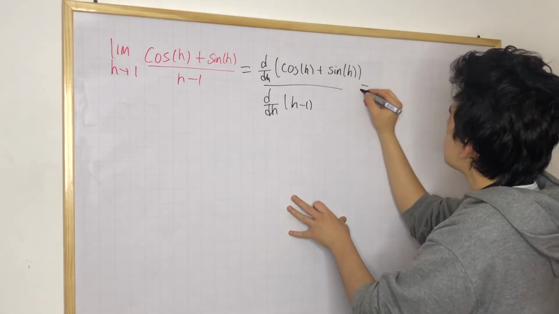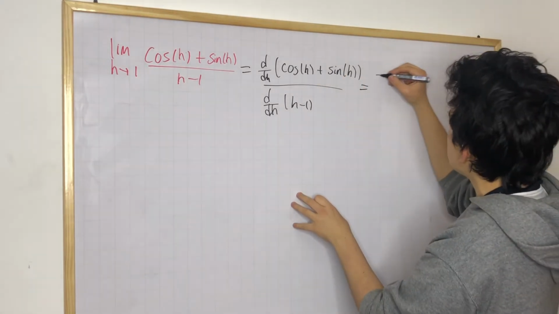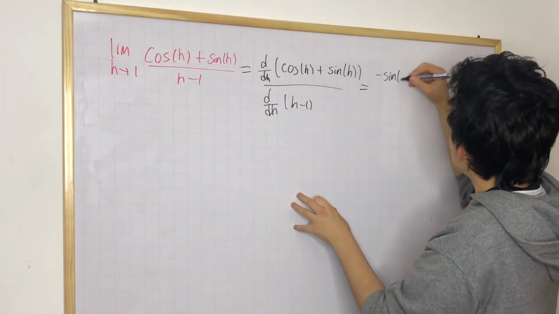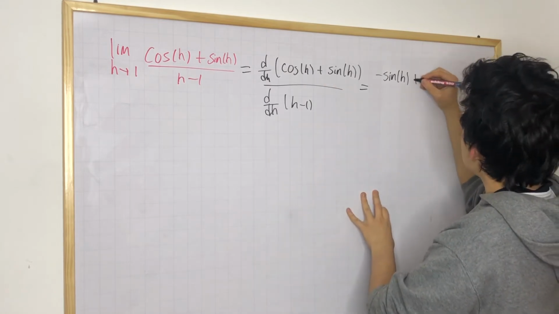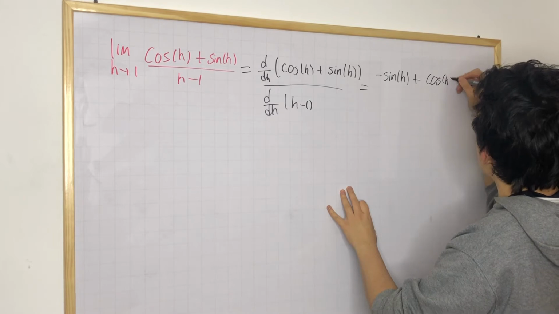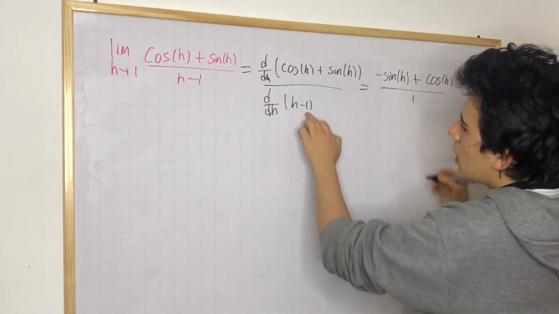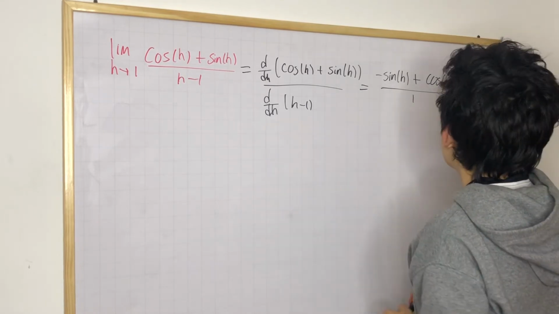And now let's see how much we get. So from this, we're going to have the derivative of cosine of h. We know it's going to be negative sine of h plus the derivative of sine of h, which is going to be cosine of h. And all of this over, this is just going to be 1, okay? The constant goes to 0 and the h just goes to 1.